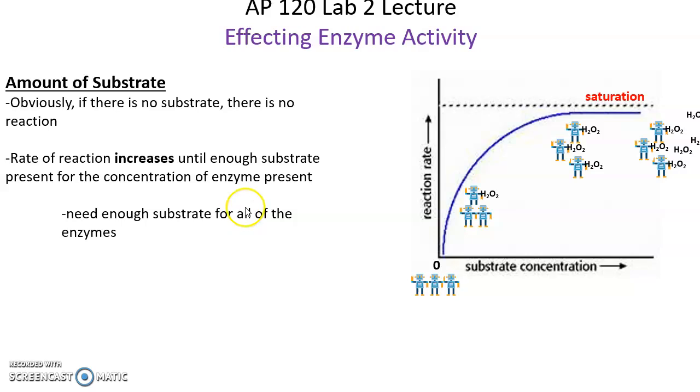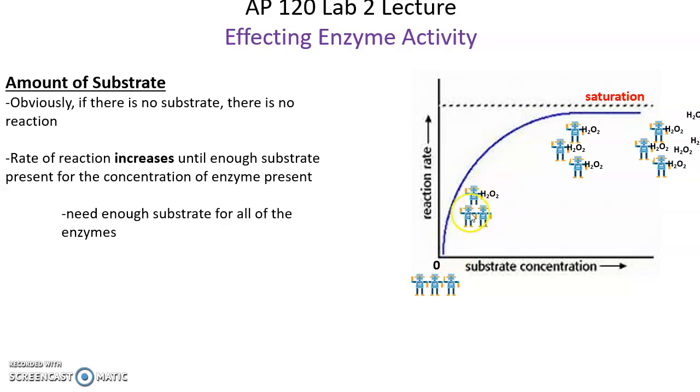Amount of substrate. The more substrate, the more reactant you add to the enzyme, the faster the chemical reaction will go. So as we go to the right, we're increasing the amount of substrate. However, there is a limit, a saturation. So increasing the amount of substrate is relative to the amount of enzyme.